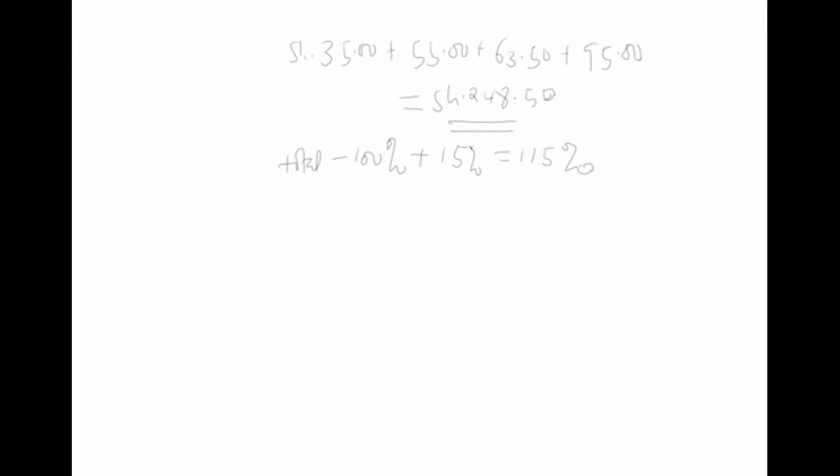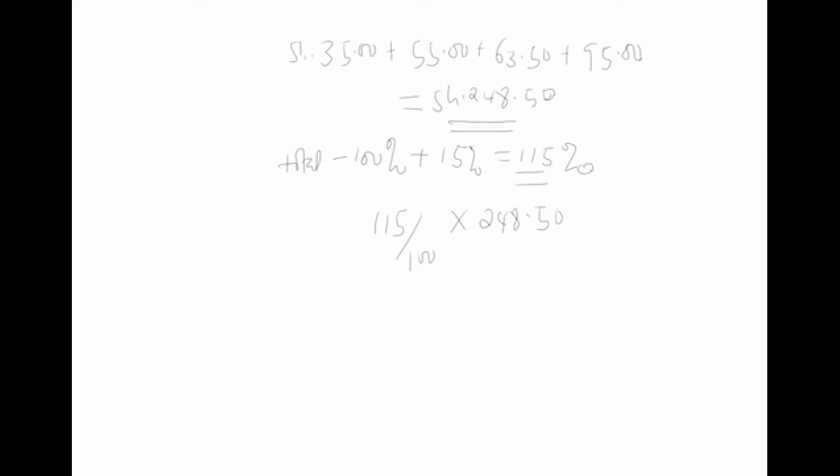So the total bill will be 115 over 100 multiplied by 248 shillings and 50 cents.